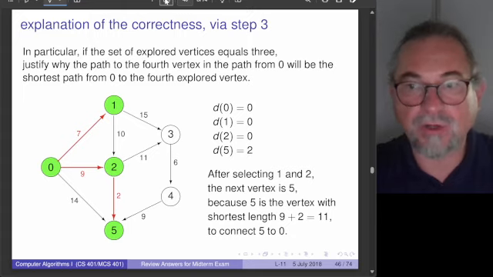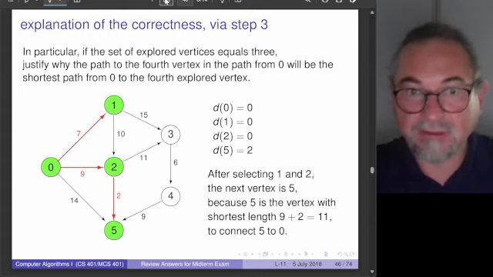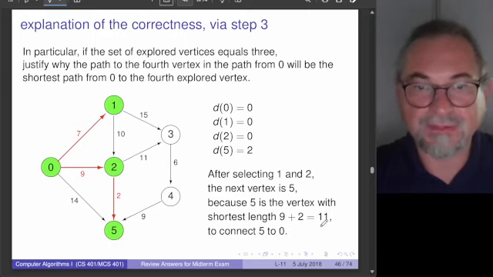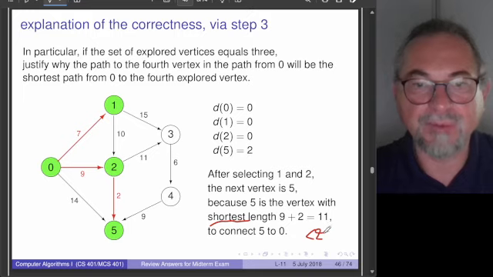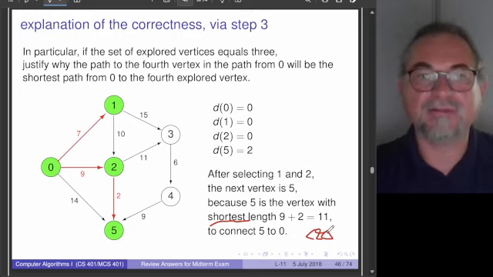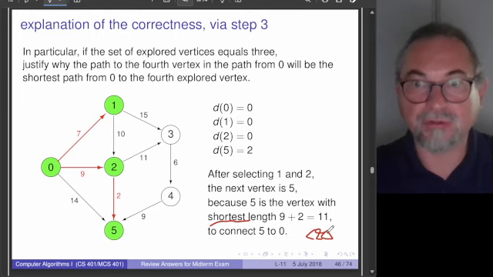This is what is still lacking in the written portion of this answer. So you should have said it's the shortest one because 11 is less than 20, and we would have had 20 if we selected 3. That's the alternative vertex.